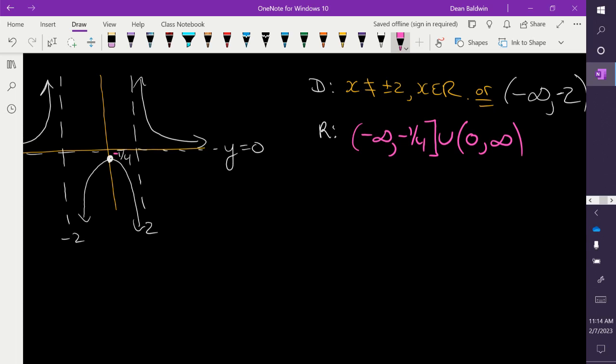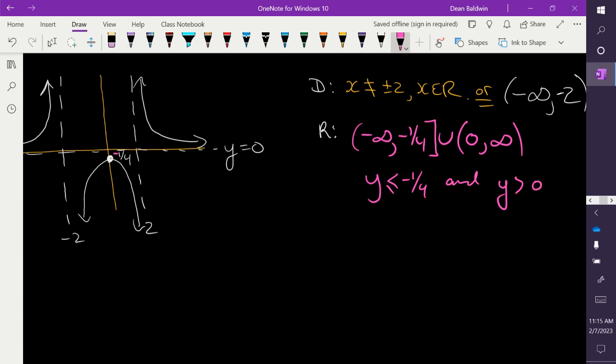The only real new thing is combining domains, and all you do is put a U for the union of them. All right. So you don't have to write x for interval notation because you're going from negative infinity here, right? But if you're doing this, like here, you would say y is less than or equal to negative 1/4, and y is greater than 0.